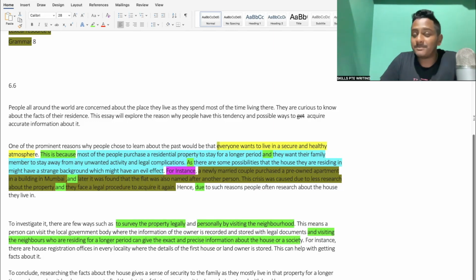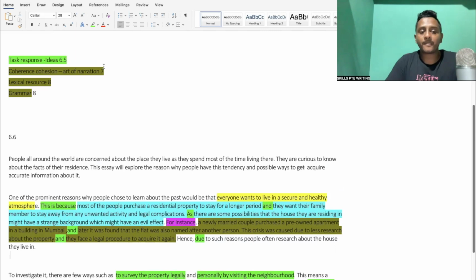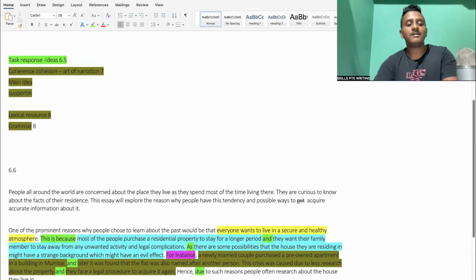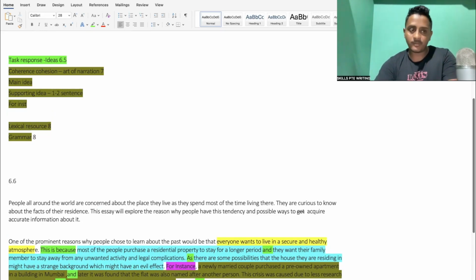Simple idea, simple sentence, that is the main idea. This is because supporting idea has written 2 sentences. For instance, he has again written 2 3 sentences, so this is what is required. Coherence cohesion would be like main idea, supporting idea, 1 to 2 sentences. For instance, 2 to 3 sentences.